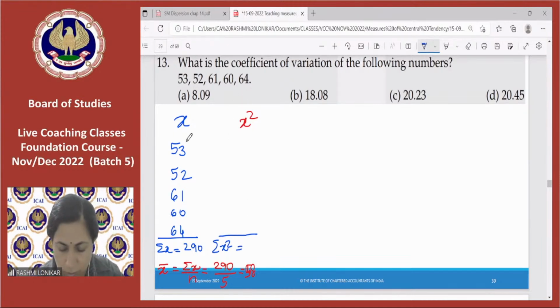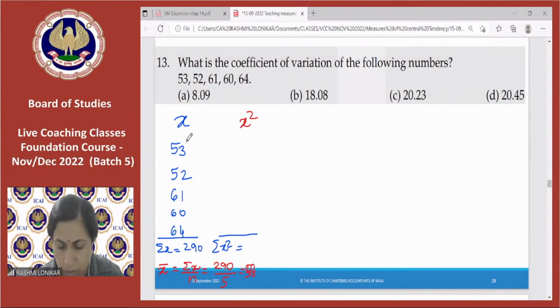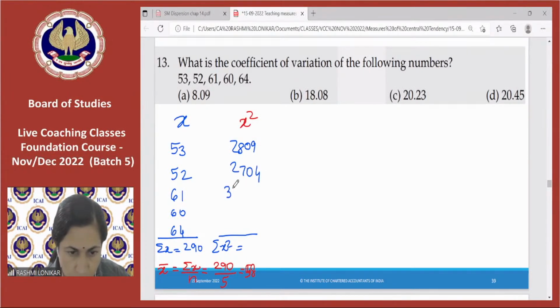So 53 square is 2809, 52 square is 2704, 61 square is 3721, 60 square is 3600, 64 square is 4096.